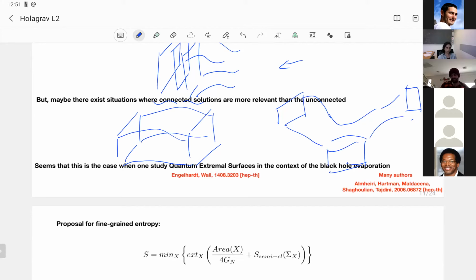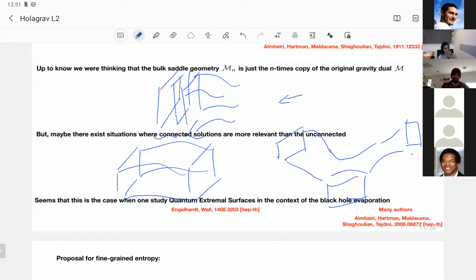What happened? Of course, you already had this in the discussion I did, but these are not saddle points of anything. The saddle point is the one I discussed, the Maldacena solution, or the Sidon, or the Fursaev that I didn't mention. These are not saddles, but in some situations, these are saddles, and these are important.